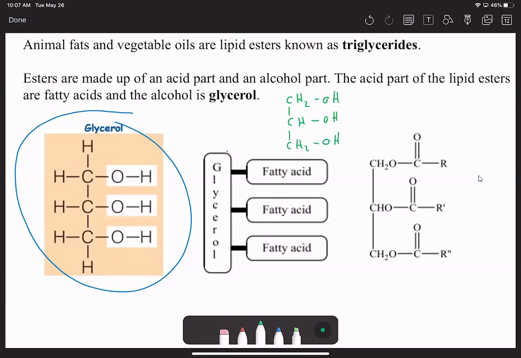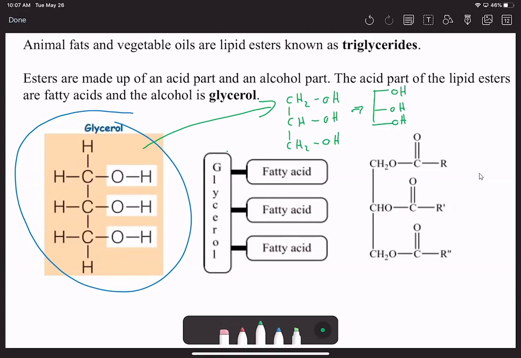All right, so again, it's the same thing, this is also glycerol. If I draw it in line formula, it'll look like this. All right, but those are examples of glycerol there.